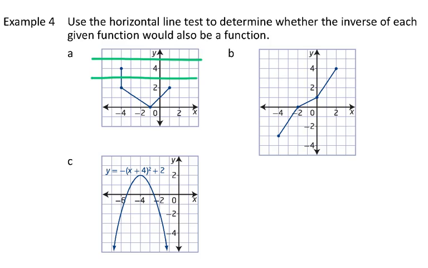But as soon as I find any horizontal line that passes through the graph more than once, then it fails the horizontal line test, and therefore the inverse would not be a function. So in A, because of that line, and also could have called it this line or this line, it doesn't matter which one, as long as you can find one line where it fails, the inverse is not a function in A.